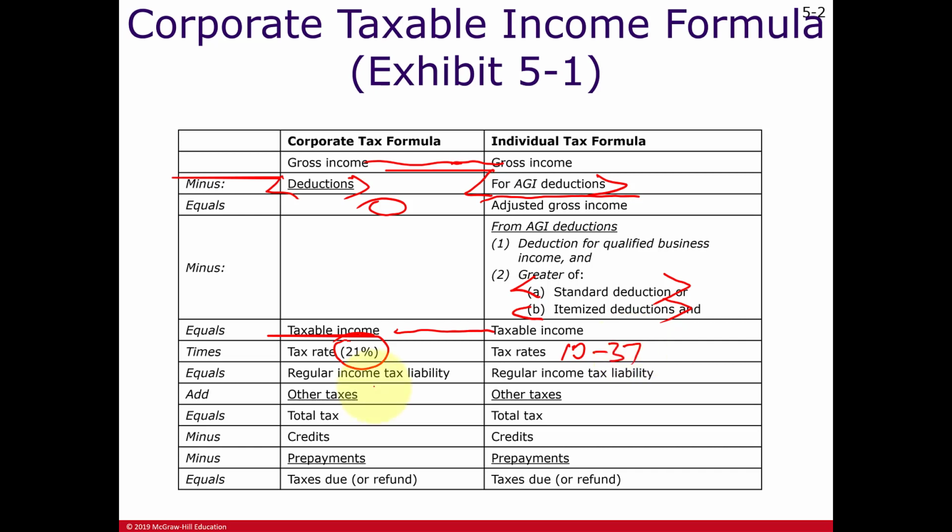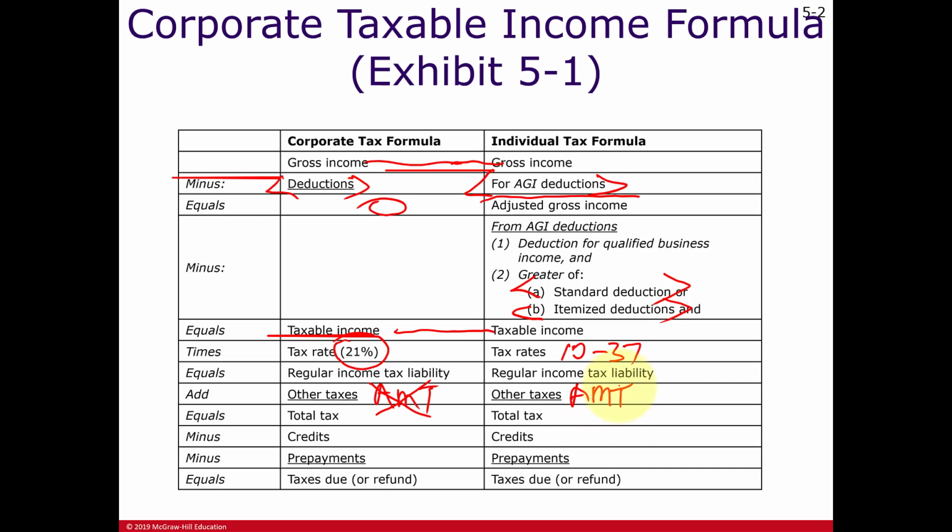In the case of a corporation, there used to be, at least prior to 2018, an alternate minimum tax. At the end of our Chapter 5, it mentions this is no longer applicable, although the AMT still may apply to individuals.